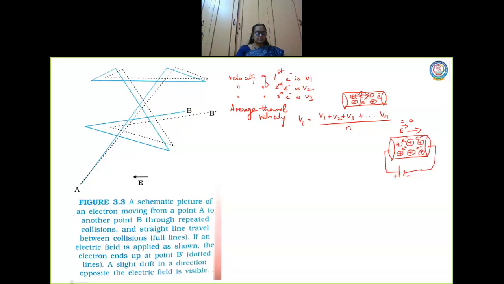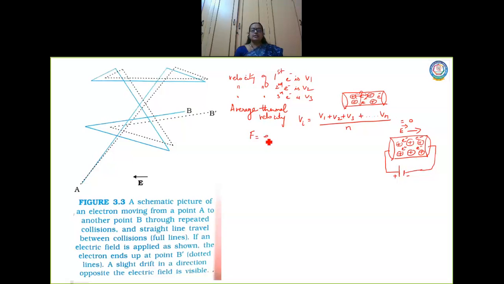So what is the force they gain? When you give an electric field, what happens to the electrons? Already they have a velocity. Now when an external energy is given, the electrons get accelerated. They gain more energy because of the electric field that is given. So they get accelerated and of course definitely they will experience a force.